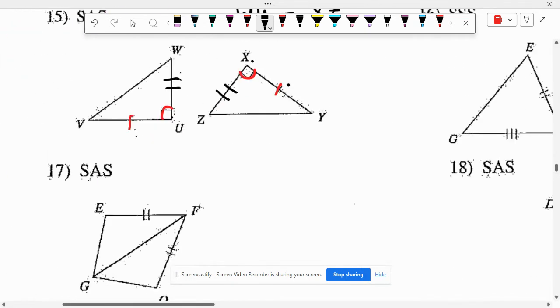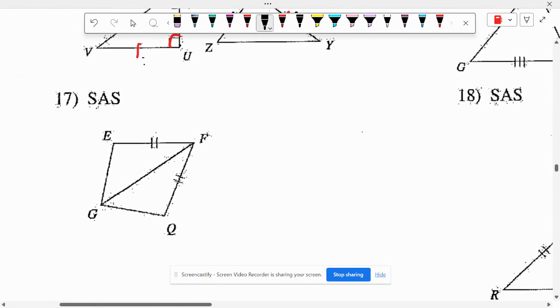Dylan, I'm going on to you for number 17, okay? Number 17, we're doing side, angle, side. Tell me what you know about the common side. And say it by its name. Yeah, side GF or side FG is congruent to itself. So what angle are you missing? Don't we need to have this angle congruent to this angle? Okay, so this one's a tricky one.